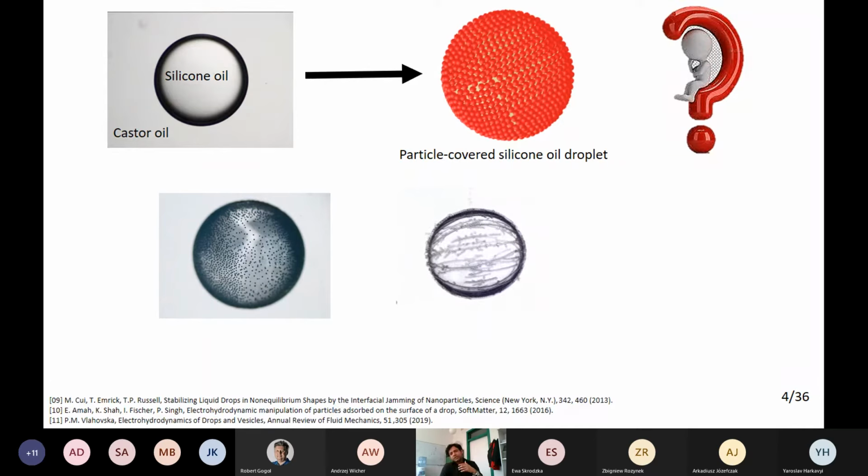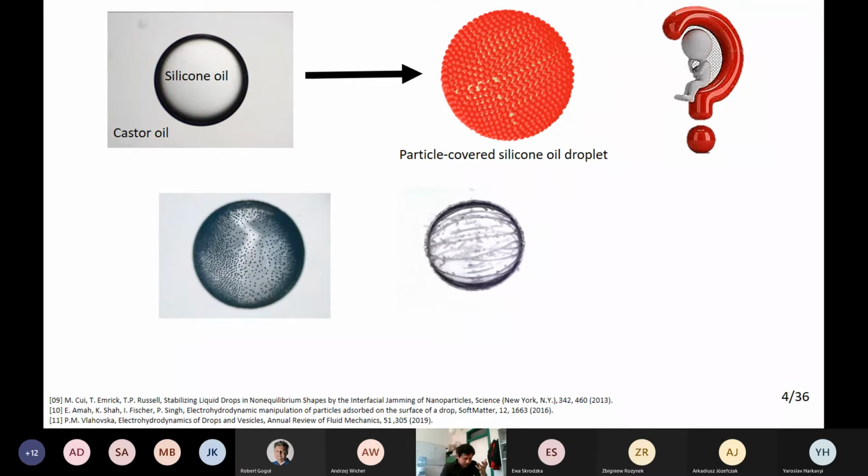When I joined as a PhD student in our group, there was some literature already available about the deformation of the droplet in two-phase and three-phase systems, but the three-phase system was not as extensively studied as the two-phase system.